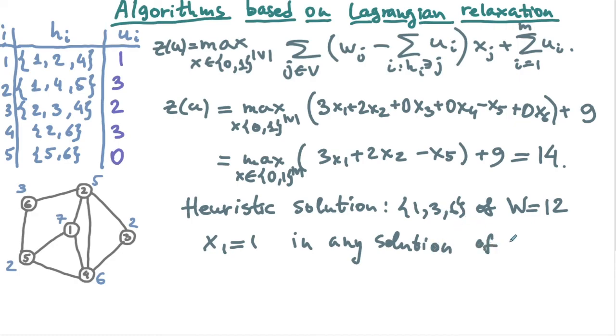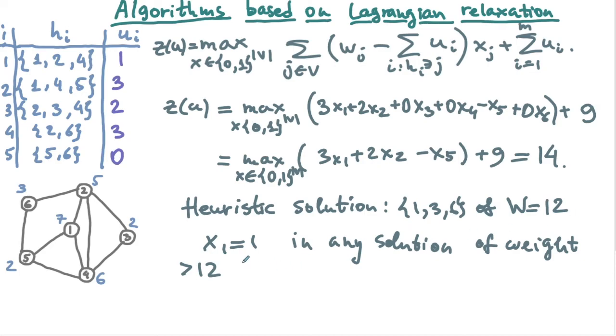of weight greater than 12. And I can actually fix my x1 and say that it has to belong to any optimal solution now, right? Because it belongs to the solution of weight 12, and from the fact that if I set x1 to 0, then the highest I can get for my upper bound would be 11, it would give me a contradiction with the fact that I already have a solution of value 12.